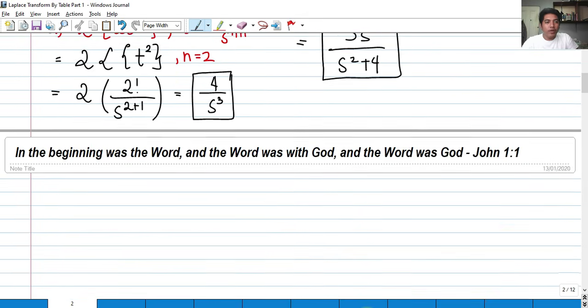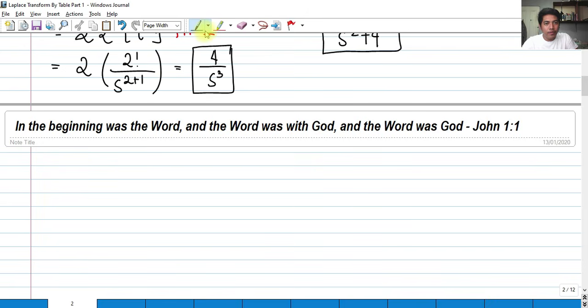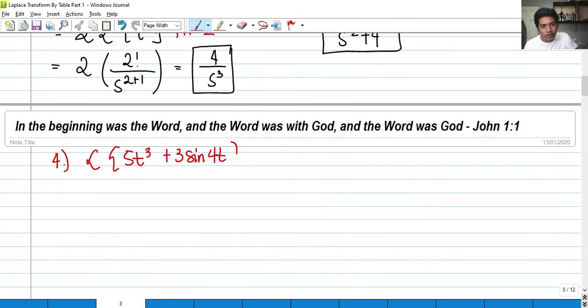Okay, another example. Let's try number 4. For number 4, let's find the Laplace transform of 5t cubed plus 3 sine 4t.